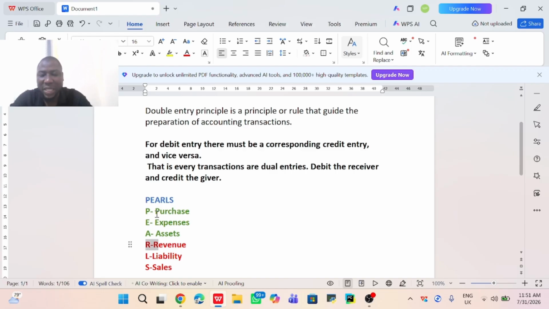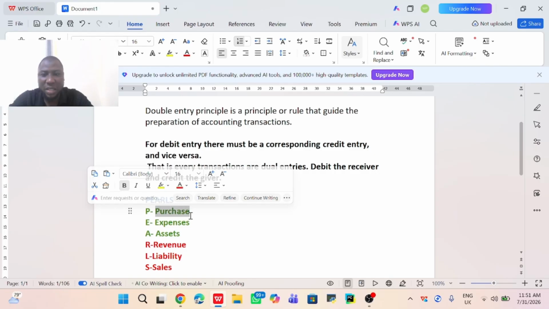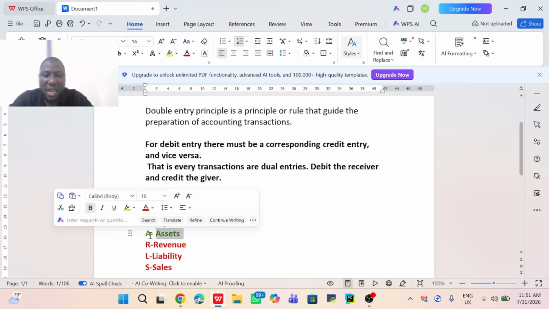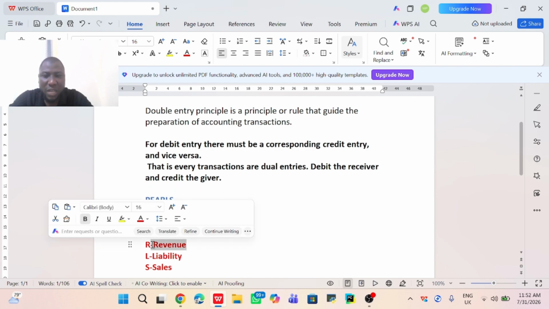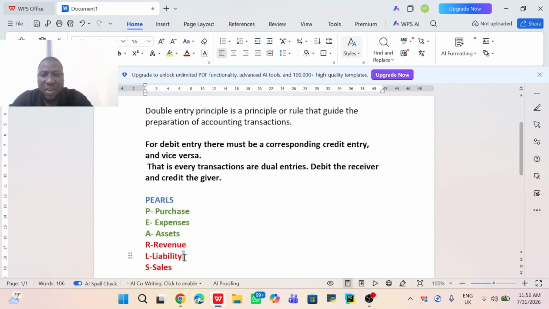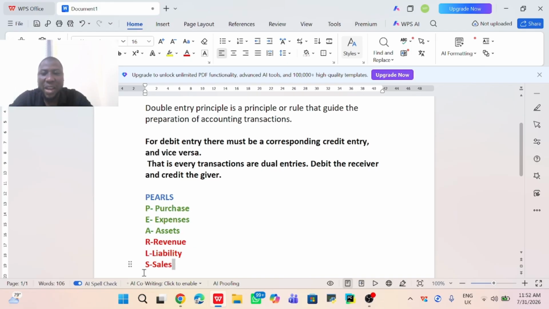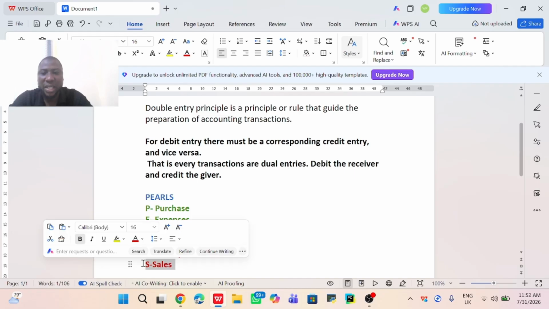That is what we have in our green: purchase, expenses, and assets. All these will be on the debit side. Wherever we have purchases, expenses, or assets, they will be on the debit side. Wherever we have revenue, liability, or sales, they will be on the credit side.